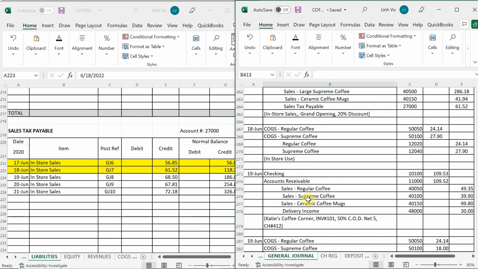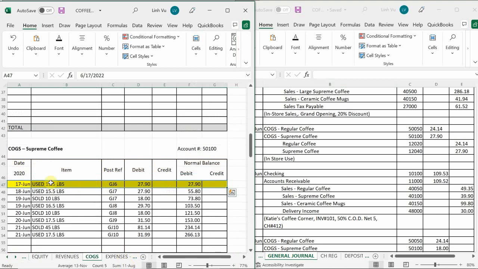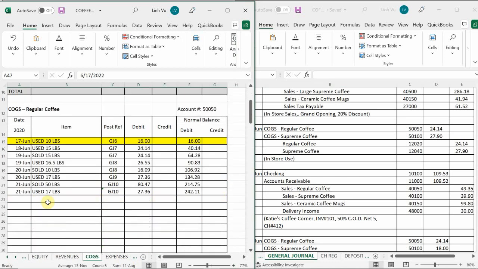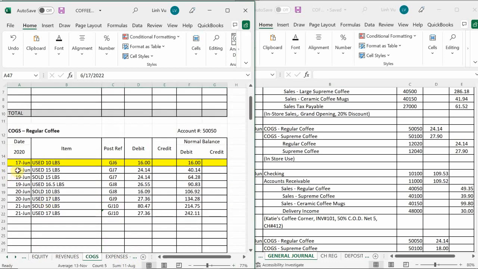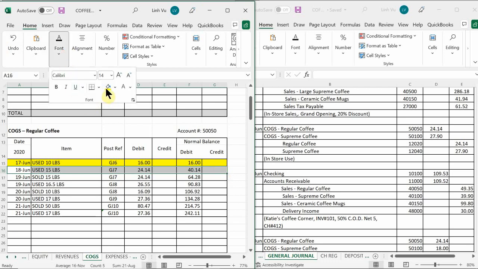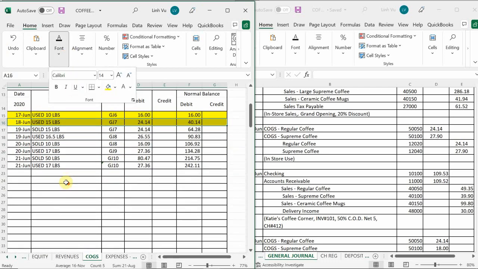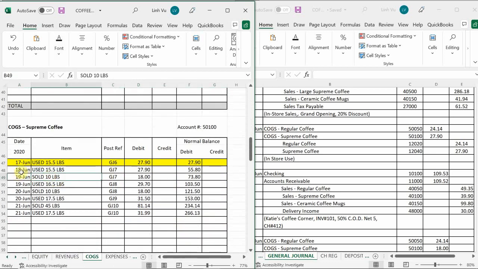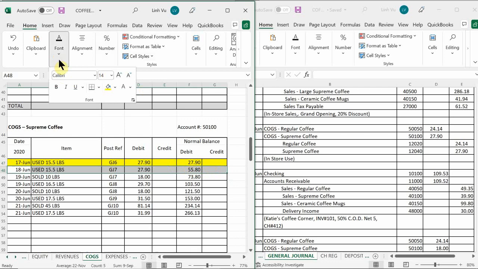Cost of goods sold. Right, first one was for $24.14, and the second one was for $27.90. So for sure that's there. And for $27.90, yep, that's there.